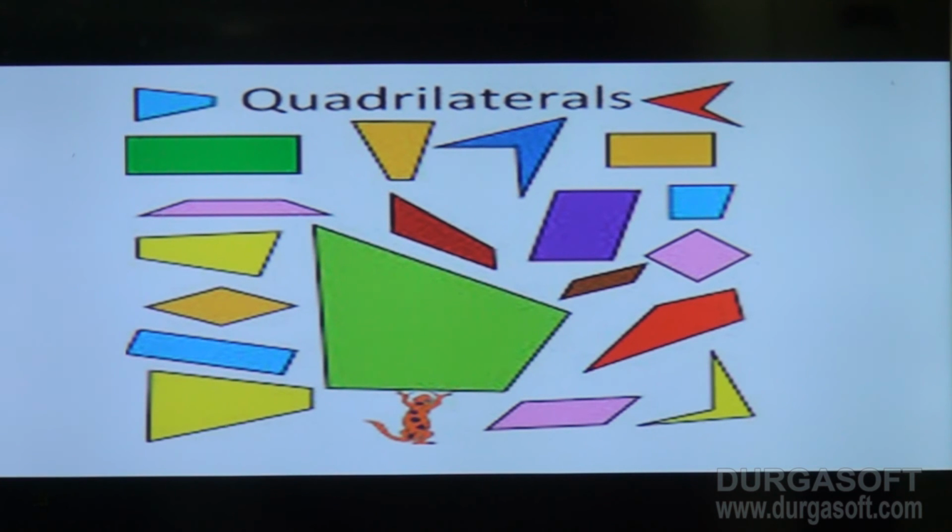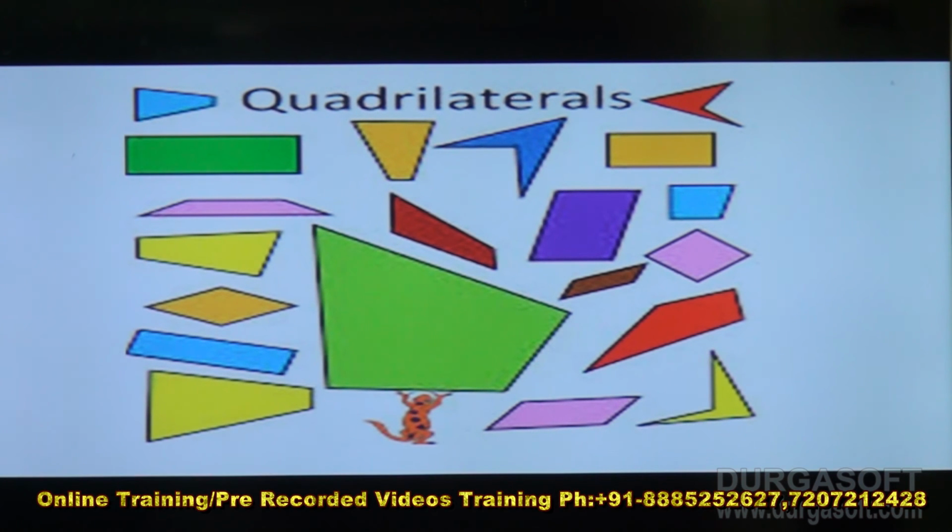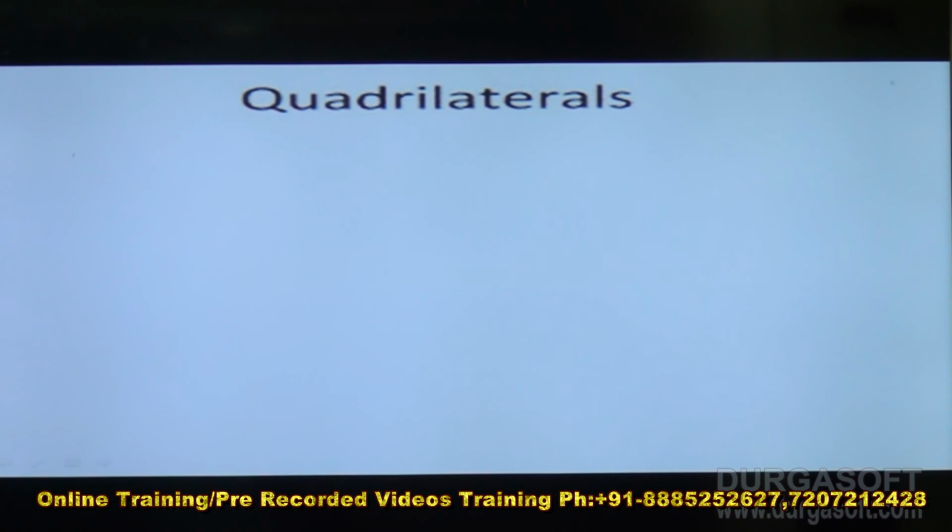All these figures which we can see here are called quadrilaterals, right? So for a quadrilateral we have a formula: angle A plus angle B plus angle C plus angle D is equal to 360 degrees. So if we sum up all the 4 angles, we will get 360 degrees, right?